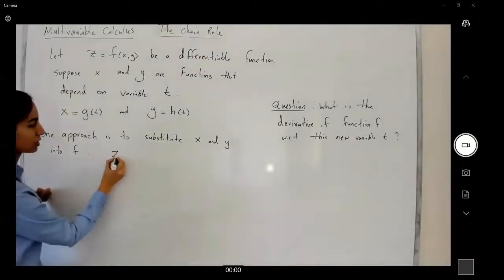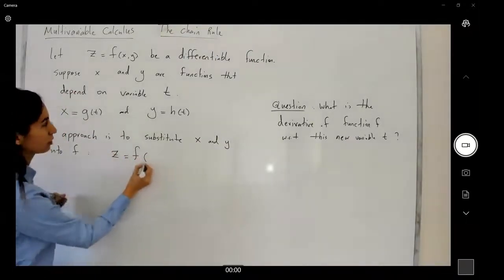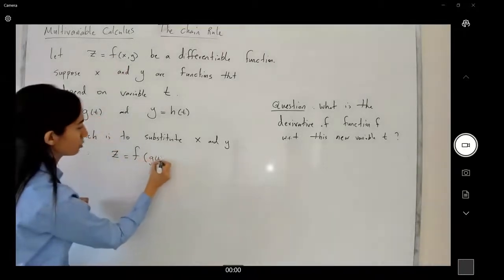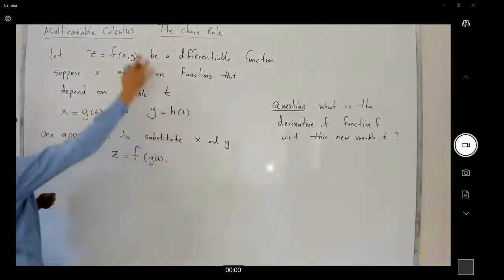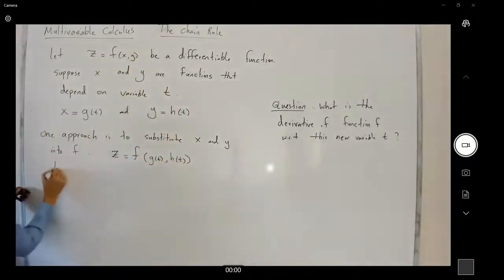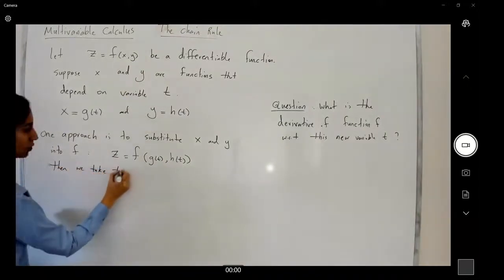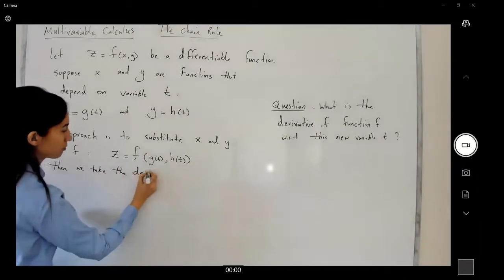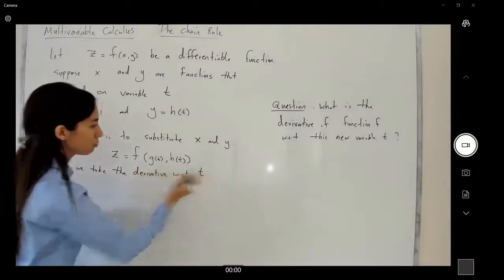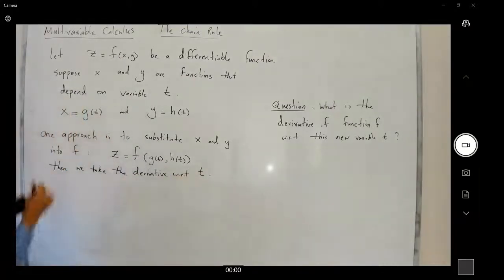You get function z equals f of g of t for x, and h of t for y. Then we take the derivative with respect to t. That's one of the approaches that we have.